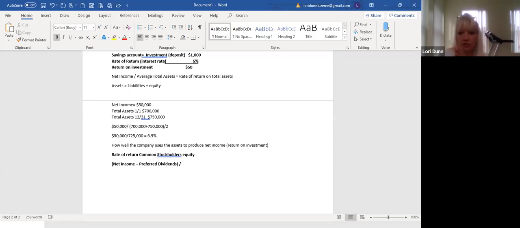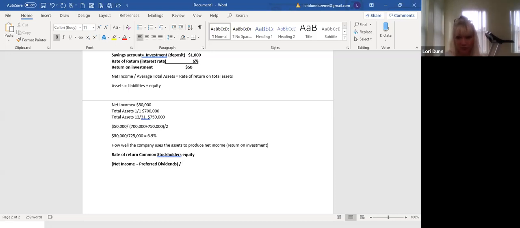When we do a rate of return on common stockholders' equity, if there's preferred stockholders, their rate of return is going to be different than the rate of return on all equity. So if you don't have preferred stockholders, the rate of return on equity and the rate of return on common stockholders' equity is the same.